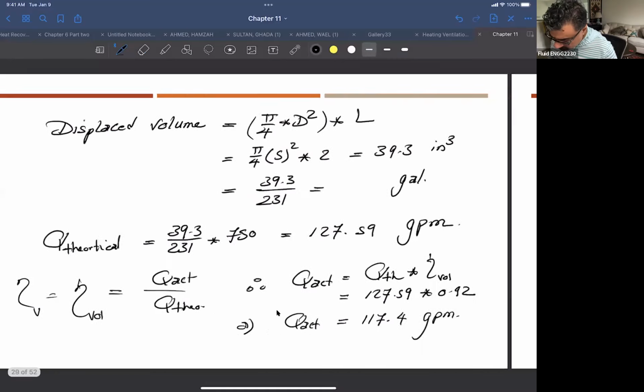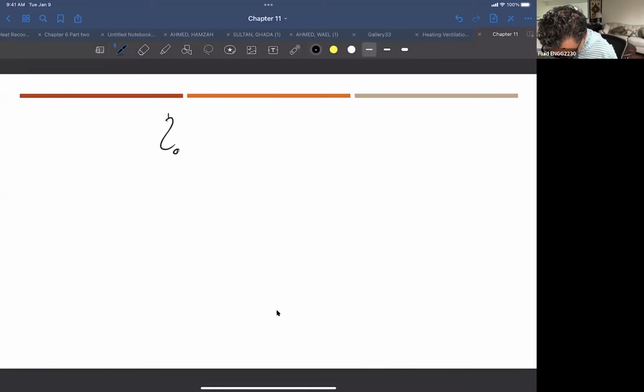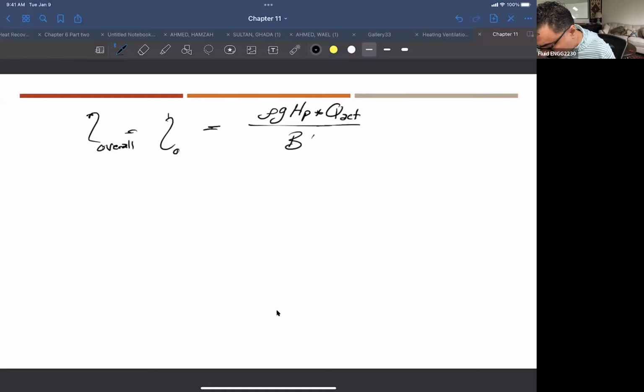So I know the overall efficiency is the output of the pump, which is the hydraulic power, divided by the brake power. This hydraulic power is rho g H of the pump times the Q of the pump, and this is Q actual.